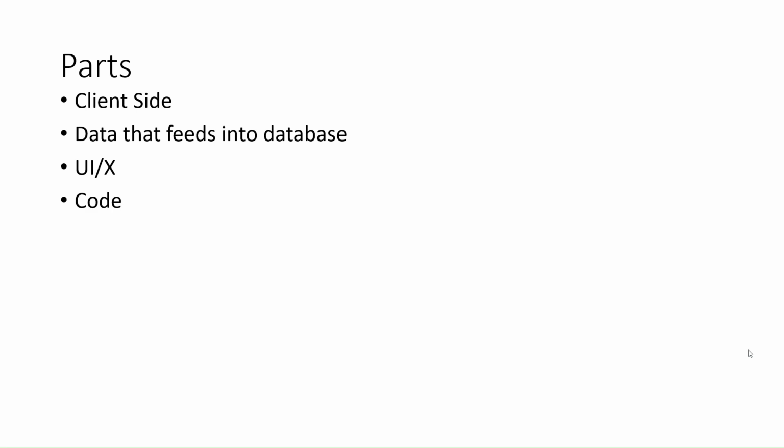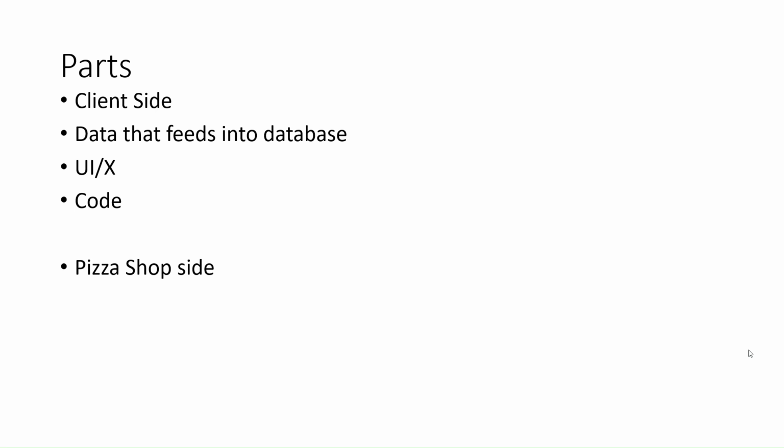And the next thing is the code. Database and user interface, those are necessary and good to have, but without any code to interact and talk between the two, you just got something useless, really. So the code is really what's going to make the whole thing come alive and actually get the work done.